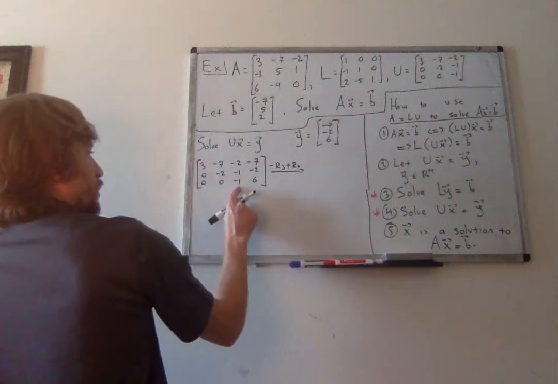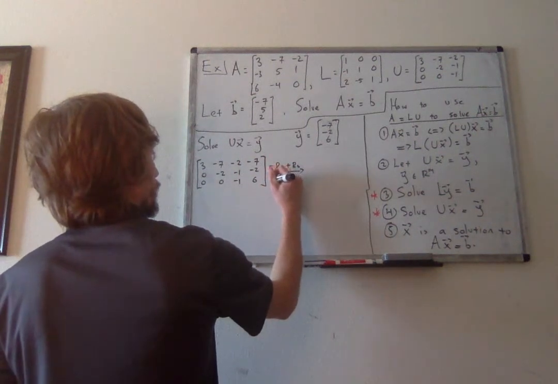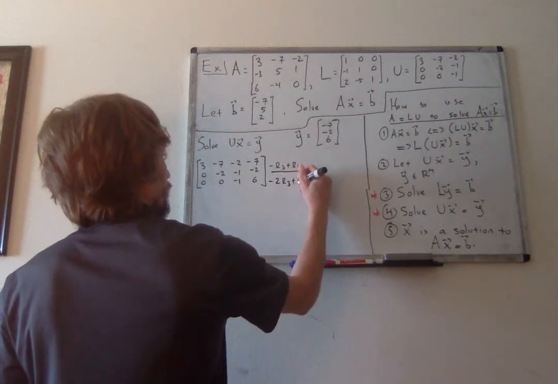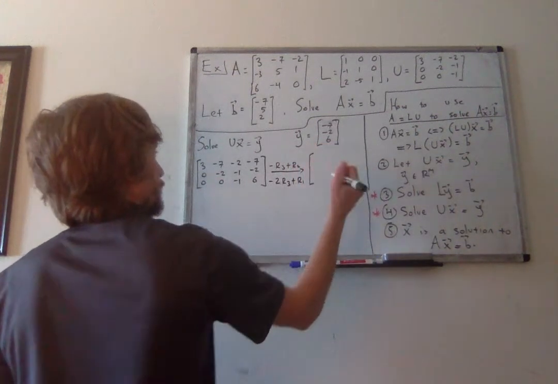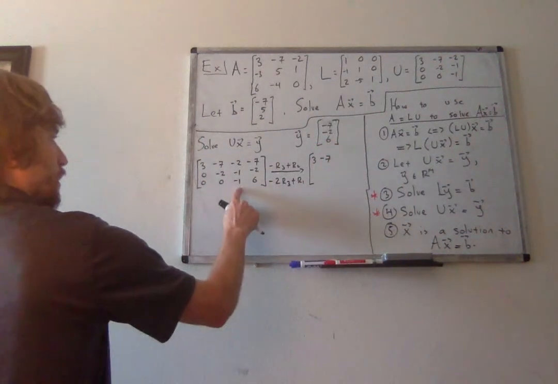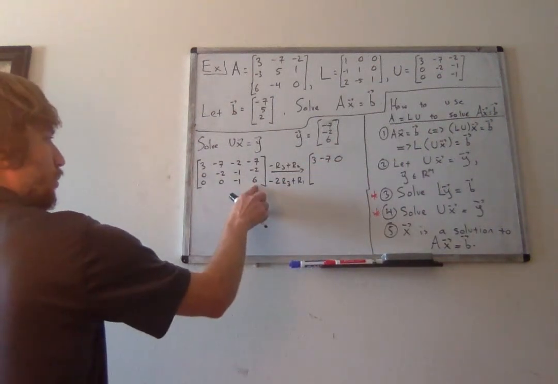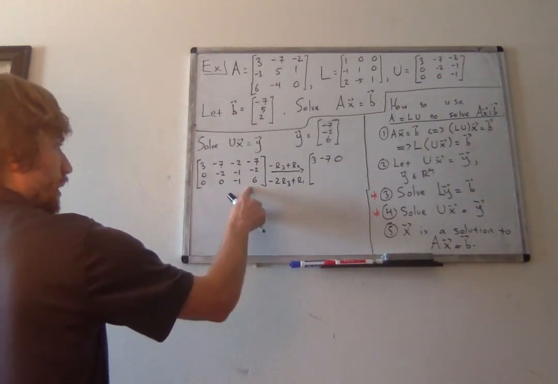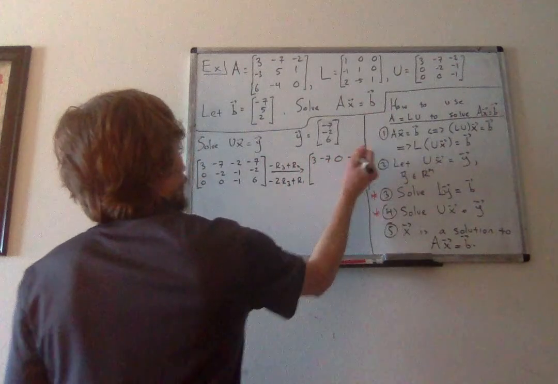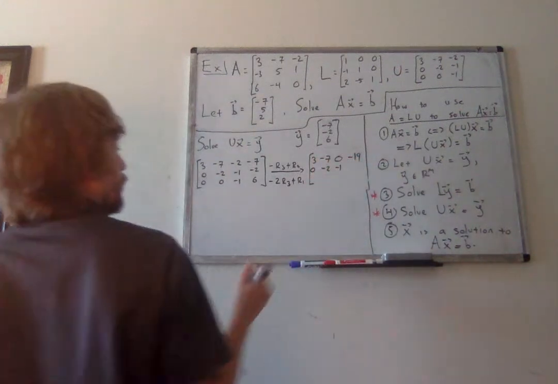So first off, I'm going to use this -1 to clear row 3 and row 2. Or sorry, row 2 and row 1. So here I get a 0. Here I'm doing -2 times 6 is -12 plus -7 is -19. Here I get 0, -2, -1.